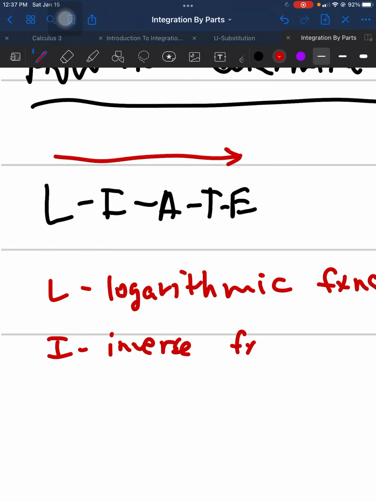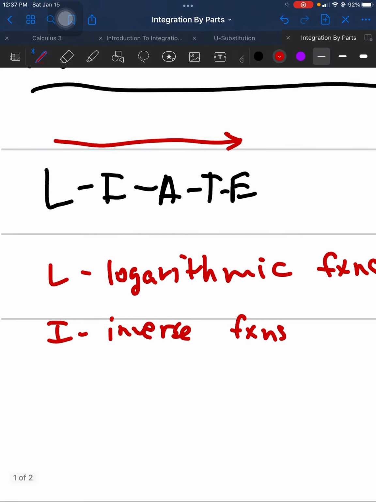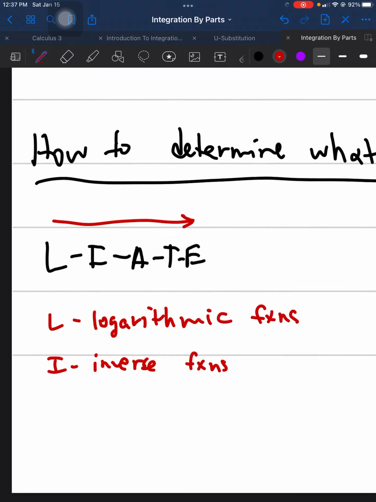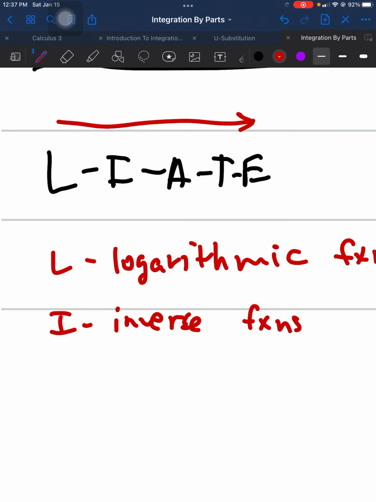So if you don't have logarithmic functions but we have inverse functions in the product or under the integral, we can substitute u for the inverse functions. And then next is algebraic functions.